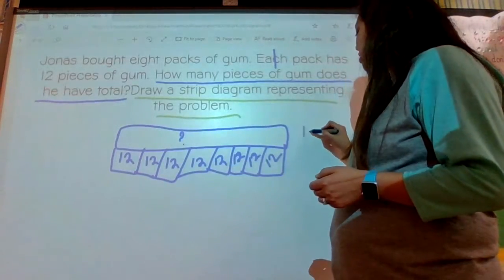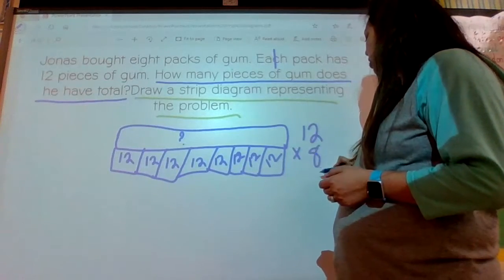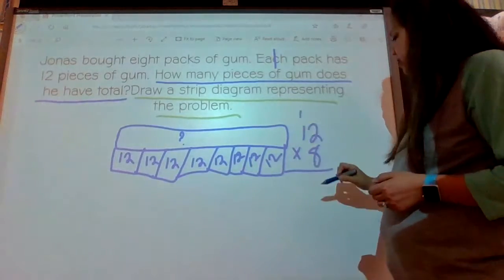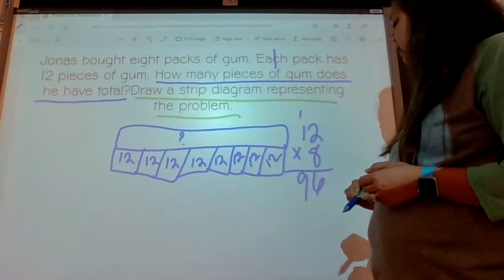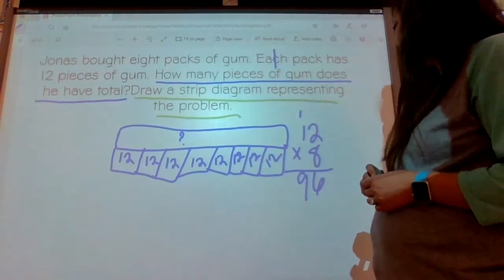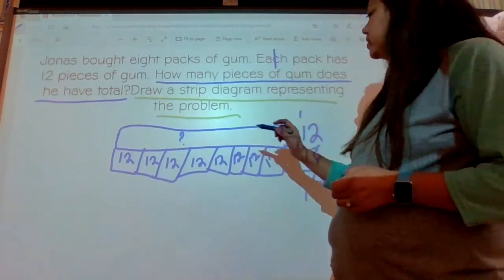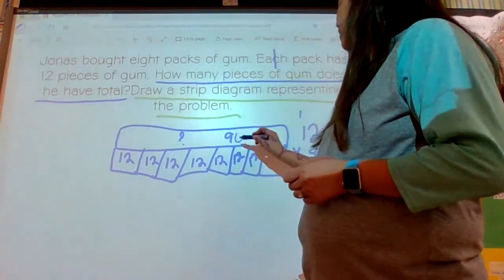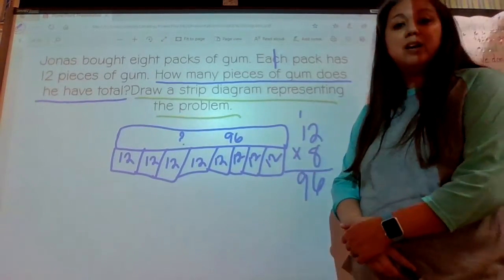So then we can take 12 times how many packs there are, which are 8. 8 times 2 is 16. 8 times 1 is 8 plus 1 is 9. So then the question is how many pieces of gum does he have total? 96 pieces of gum. That's a lot of gum to be sharing out.